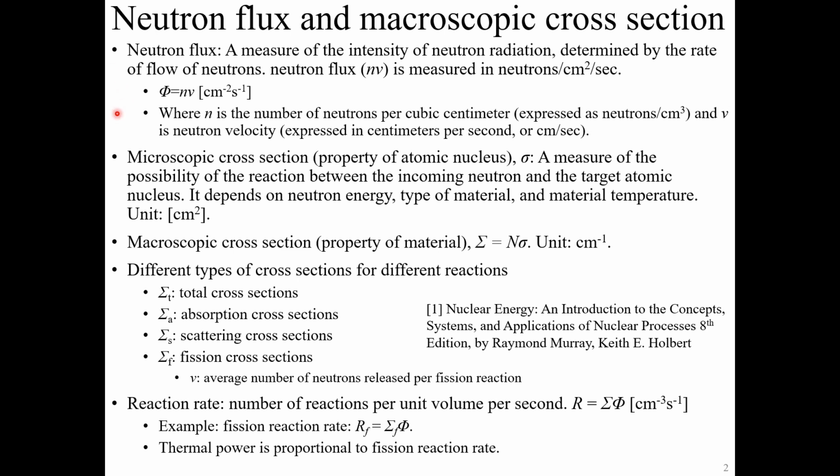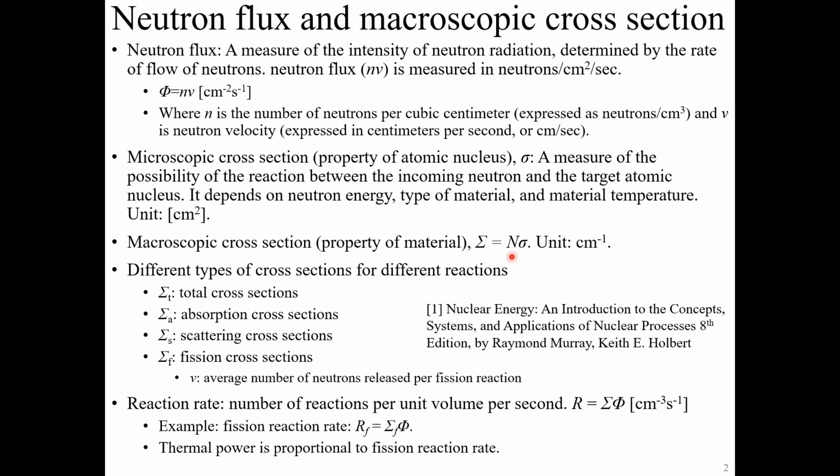When solving the neutron diffusion equation, however, we will not directly use the microscopic cross-section. Instead, we are using the macroscopic cross-section. The macroscopic cross-section is the property of the actual material inside the reactor. We use the capital sigma to represent the macroscopic cross-section. The macroscopic cross-section is equal to the capital N times the microscopic cross-section.